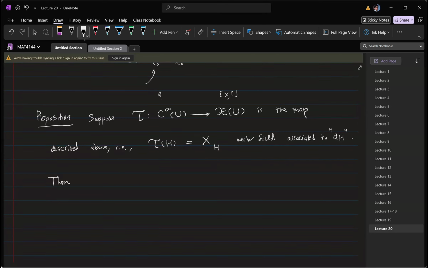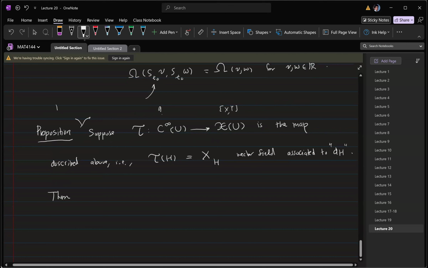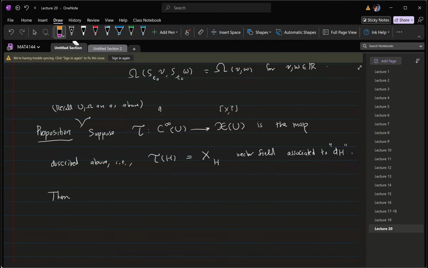Recall U and omega are as above. U is in R^2n, and omega is a symplectic form. It's a non-degenerate, skew-symmetric bilinear form.